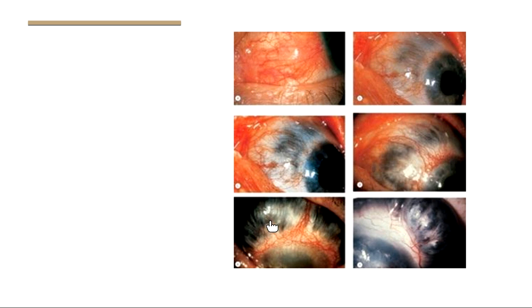We'll try and save it. We can get some scleral grafts to try and cover it, but it's often ineffective because the area is just too large. Okay, so that's a very severe case of scleromalacia perforans.